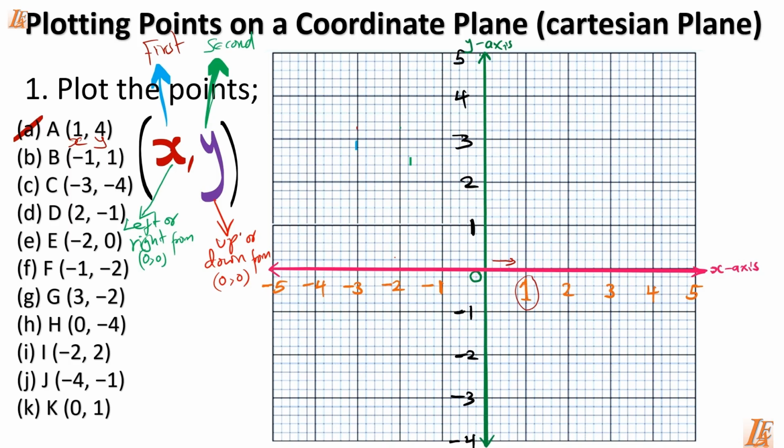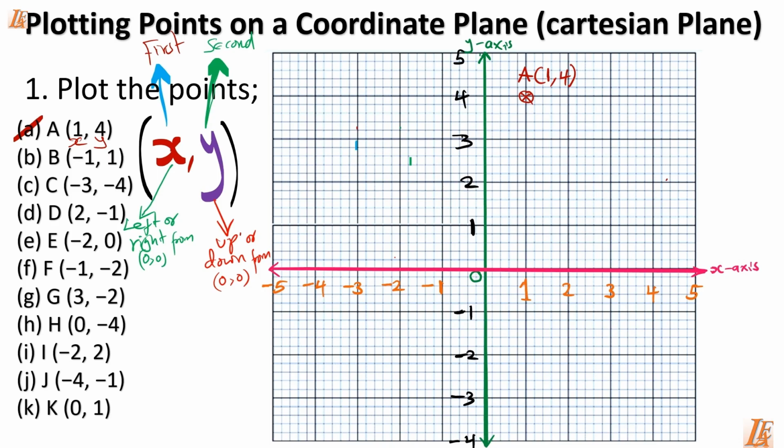So you are at 1, you move up 1, 2, 3, 4. So the point that you are looking for is this one here, and we can call it point A, and we label it (1, 4). So this means you moved 1 to the right and then 4 upwards.